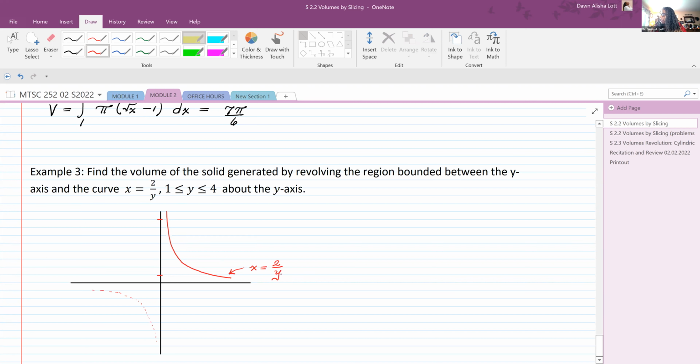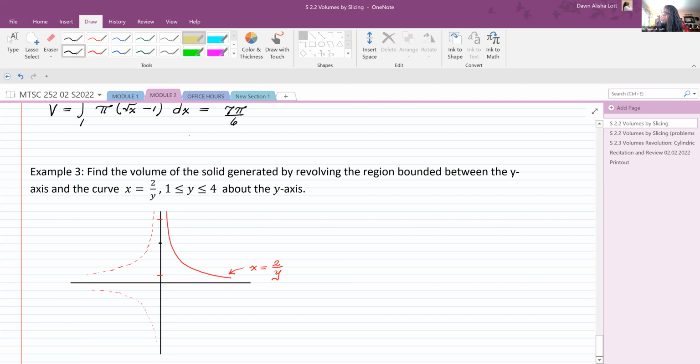All right, so now it tells me that I am revolving this about the y-axis. That means I'm going to get the same thing on the other side. So I get something that looks like that. And then I revolve it. So I'm going to find a value of y.